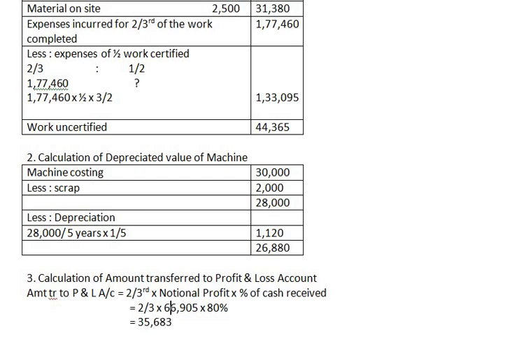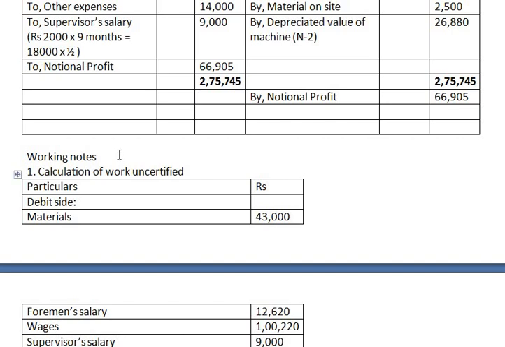Okay. Now come to the contract account. To profit and loss account 35,683. Now make a total, 66,905.